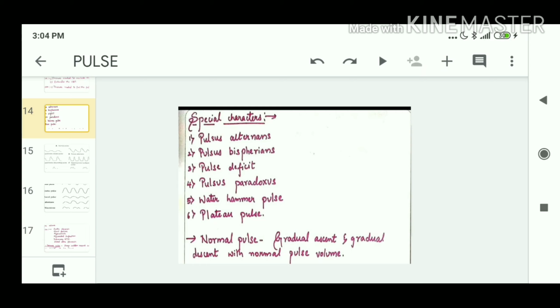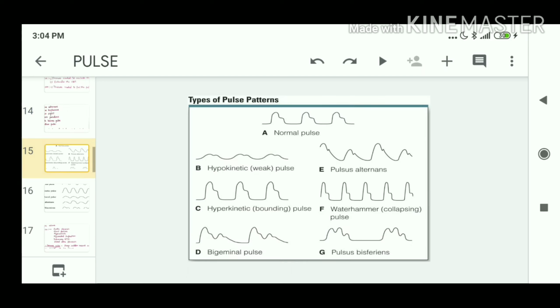Let's see what is the normal pulse. How does it look? A normal pulse will have gradual ascent and gradual descent with a normal pulse volume. See in the coming slides, these figures are very important.